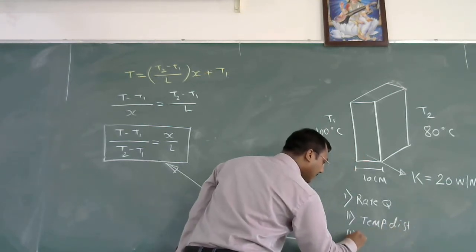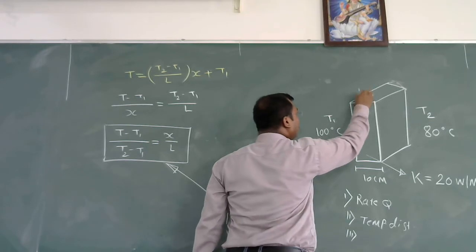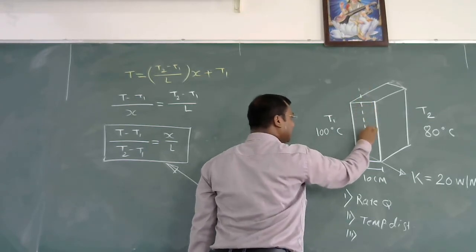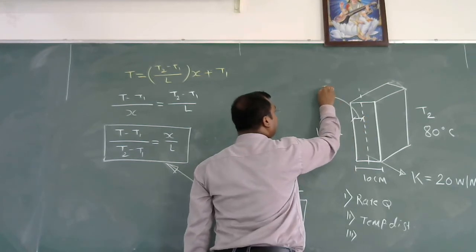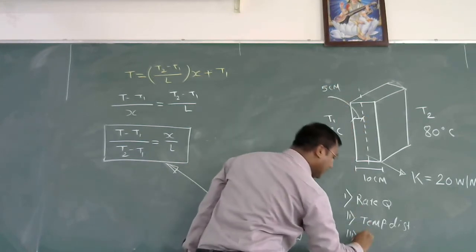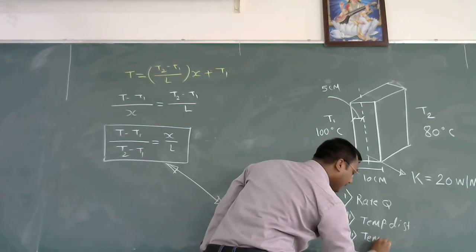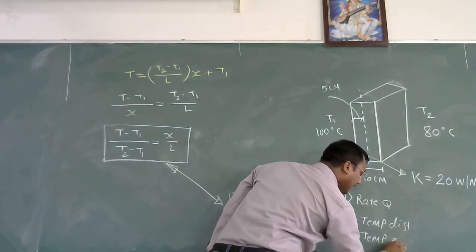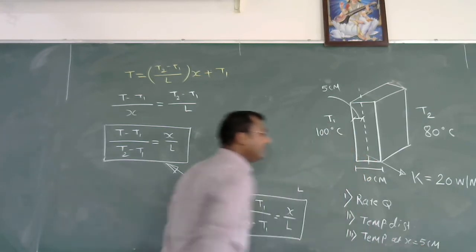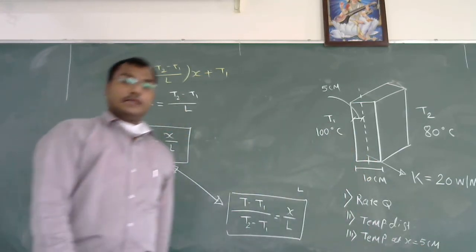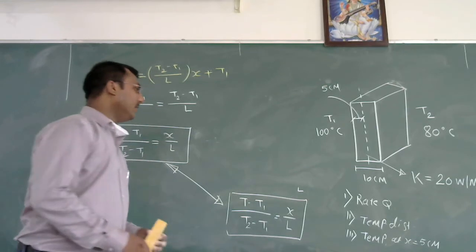Third, suppose I am interested to find the temperature at some location, say at this location, which is 5 centimeters. What is the temperature in the wall at x equal to 5 centimeters? That I am interested to calculate. So for that, these equations will be useful.